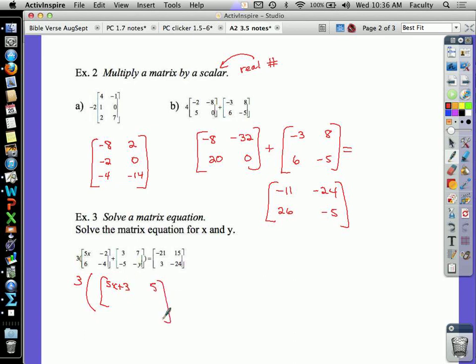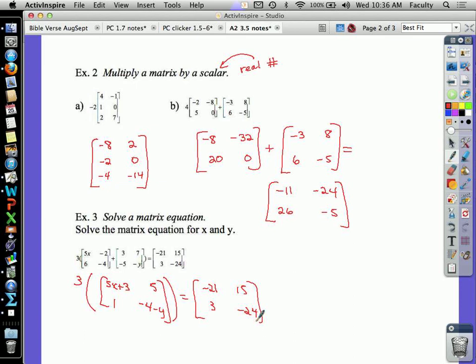I get 6 plus negative 5 is 1. But then here, I have negative 4 plus negative y, which is just negative 4 minus y. Those are equivalent. So sometimes you're going to have unlike terms and you need to leave them as such. Okay, 5x plus 3, you can't combine that.